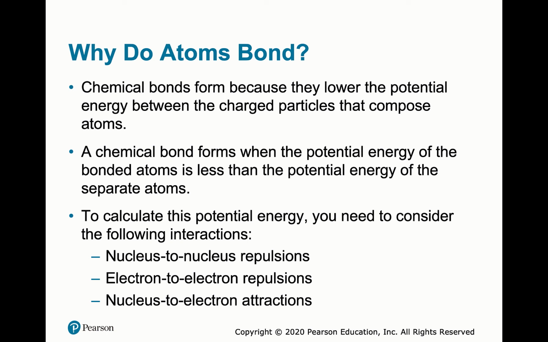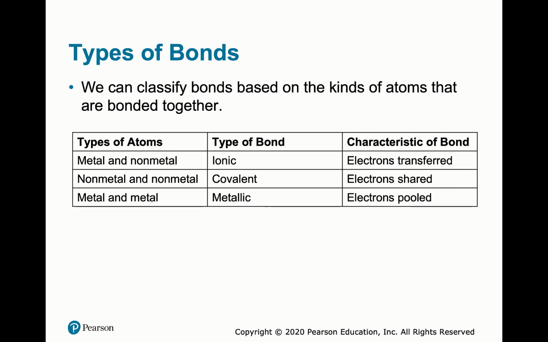That's what keeps things bonded. But there are the other repulsions trying to break the molecule apart. Generally speaking, if the attraction between the positive and negative charges is greater than the repulsion between the like charges, and also there's very low energy, then the bonding scheme works. And these are different types of bonds.